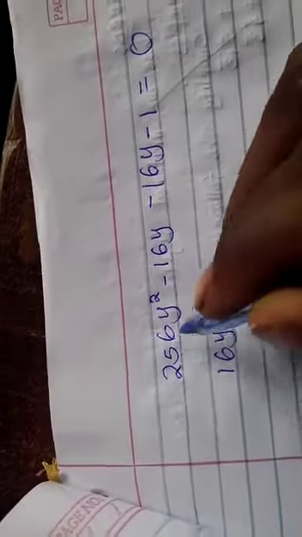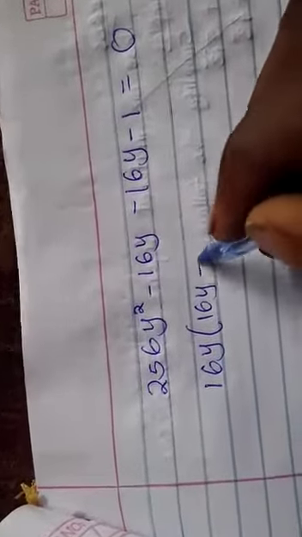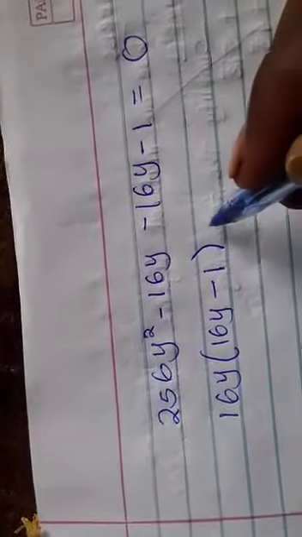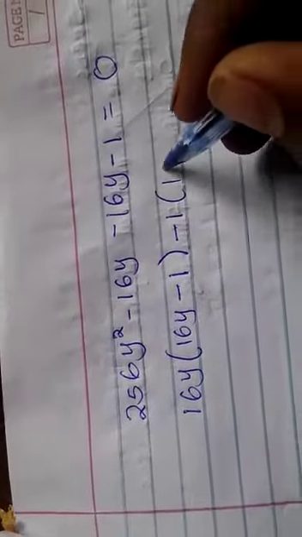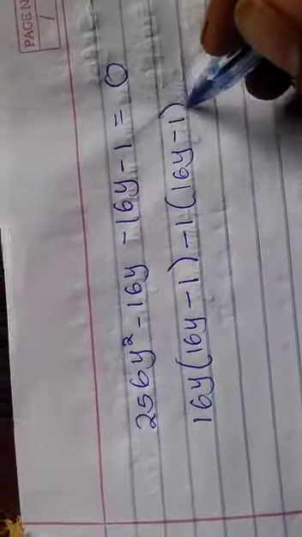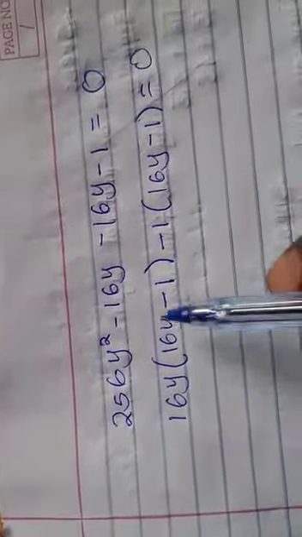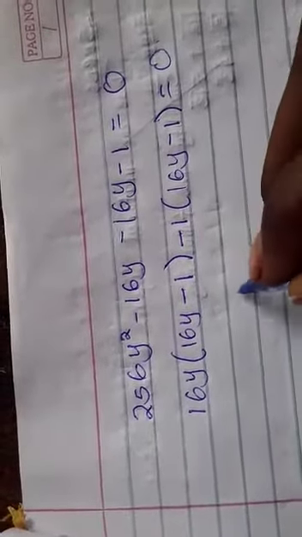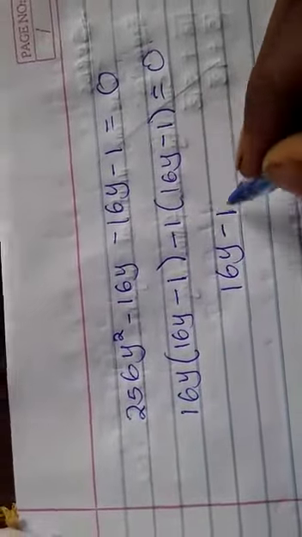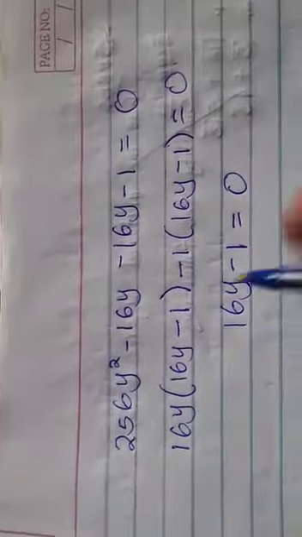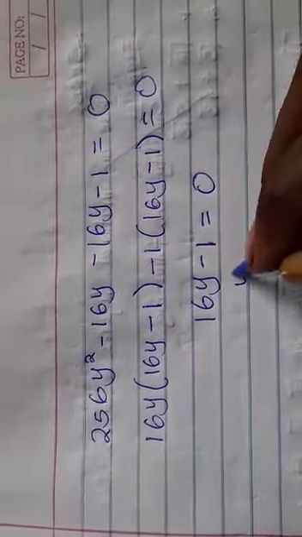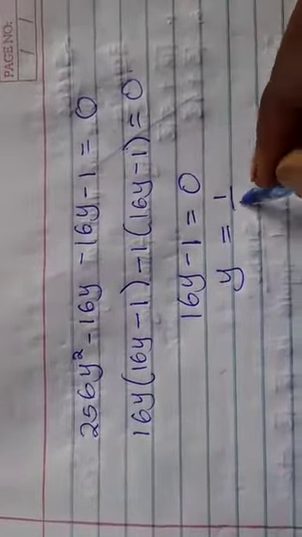Here, what we do, we factorize, and the common factor here is 16y. 16y remains minus 1. Then here, the common factor is negative 1. 16y remains minus 1, equivalent to 0. Then these brackets are the same. Therefore, 16y minus 1 is equivalent to 0. Then we conclude that y is equivalent to 1 out of 16. I think that is clear.